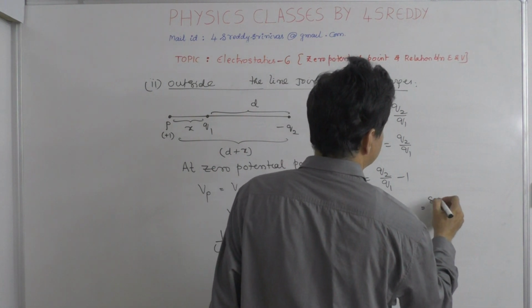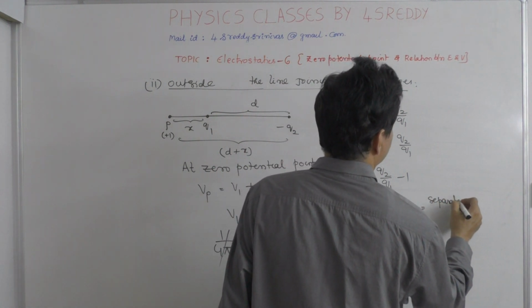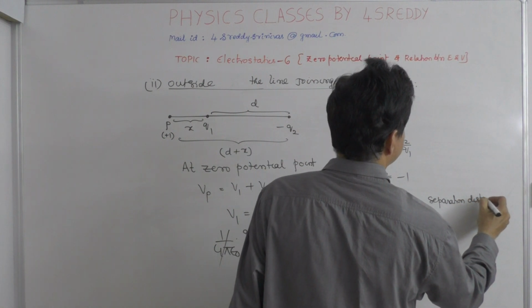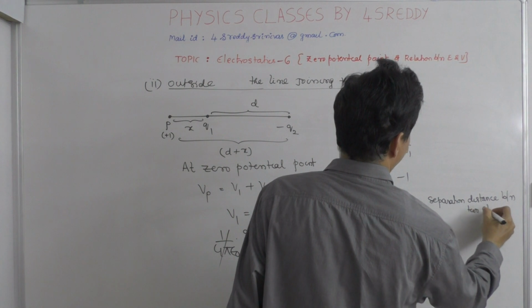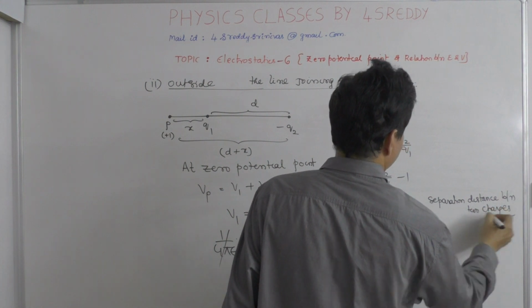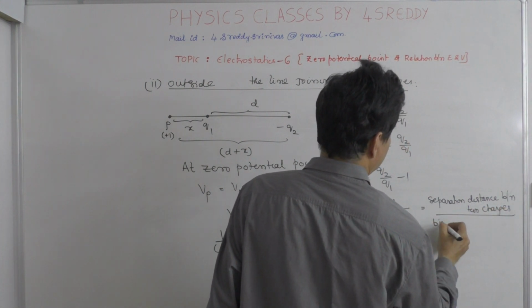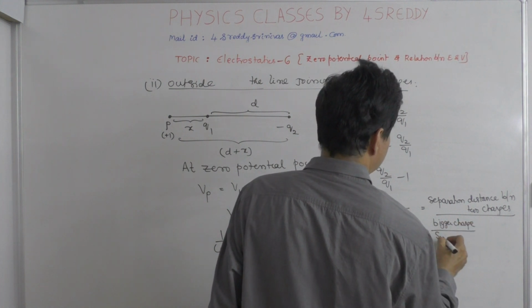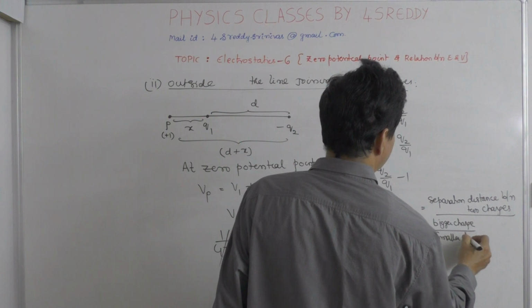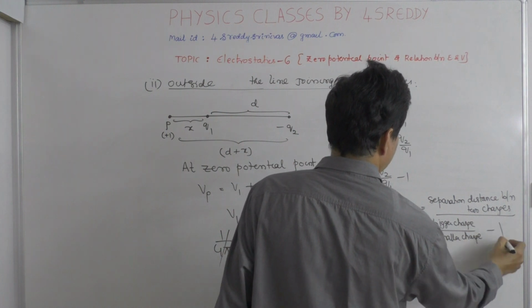That is again the separation distance between two charges divided by (bigger charge by smaller charge minus 1).